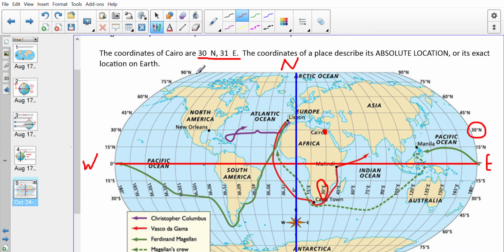If we were to find another point, let's say we're looking at New Orleans. We'll do that in a different color. So New Orleans is actually in North America. It's about right there. So if I were to find the points of New Orleans, I'd start by looking at the northern latitude lines, because it's above the equator. And I see that it is also 30 degrees north.